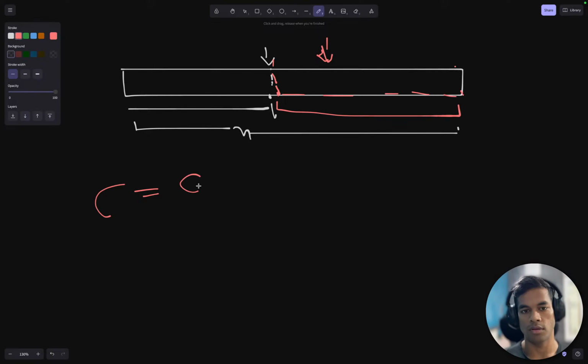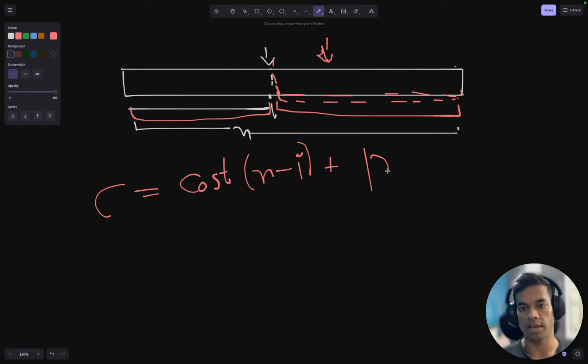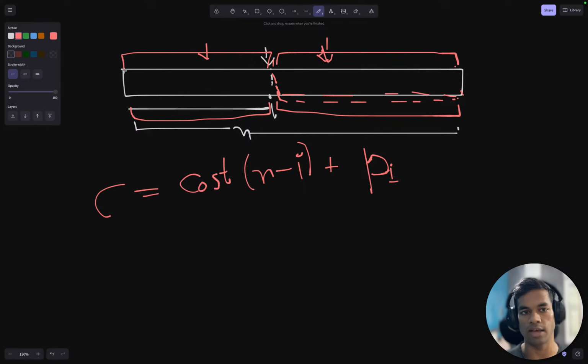Let's say we have a cost function again, C(n minus i), the maximum cost for this part, plus the cost for this part, which is Pi, where P is a vector which has the price for a rod of length i, because we are not cutting this part, we are only cutting this part. So this part we are selling as it is by taking its direct price, the price of a rod of size i from the vector P.